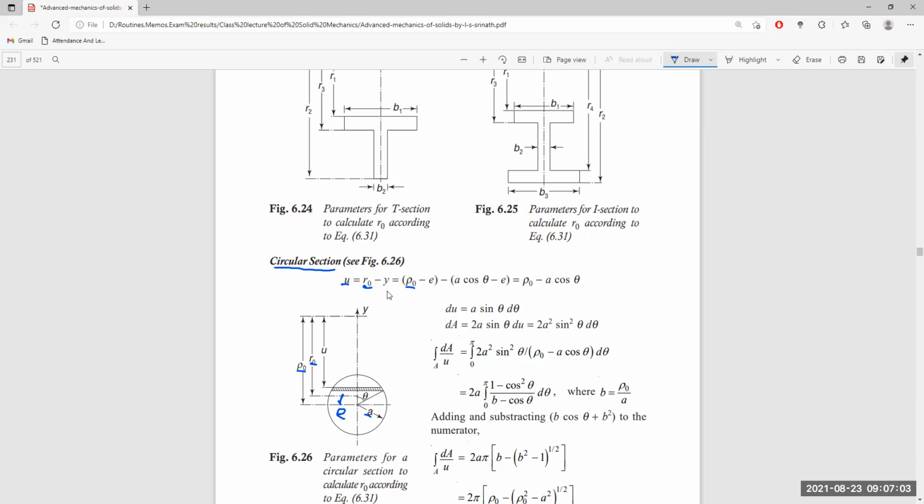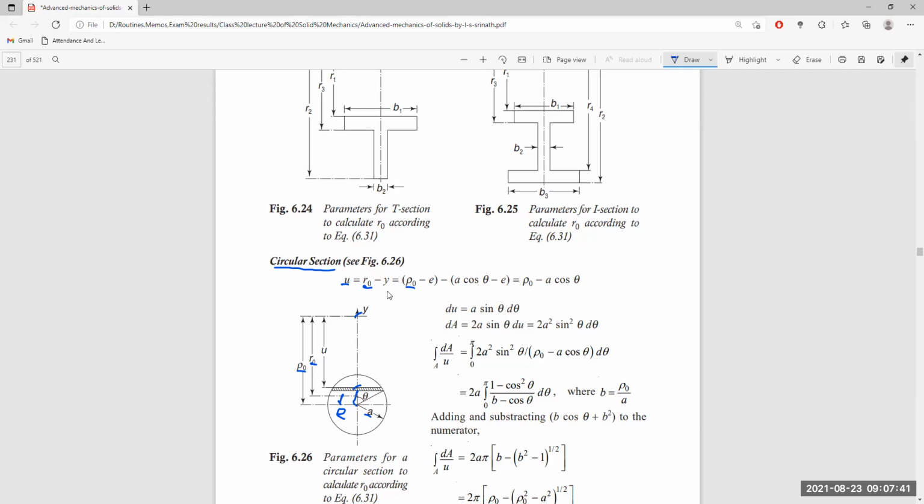So this distance will be a cos theta. Rho 0 is this distance from the center of gyration to the centroidal axis. So a cos theta is this distance, and rho 0 is from here to here. So rho 0 minus a cos theta means the distance from this point to the point y itself.